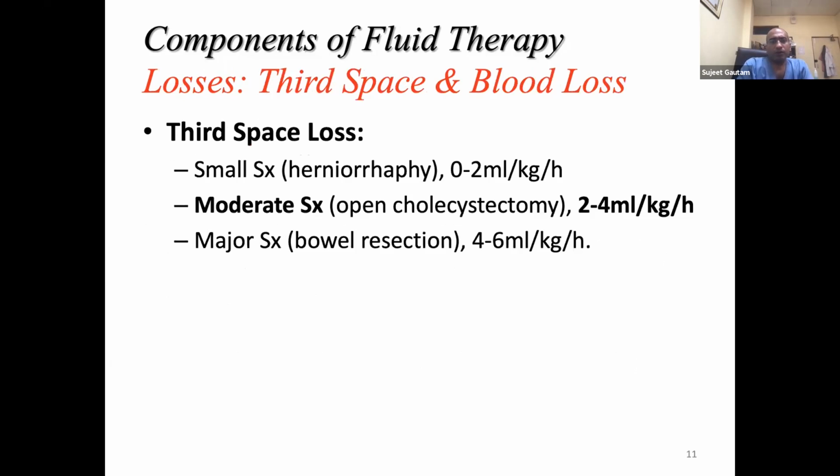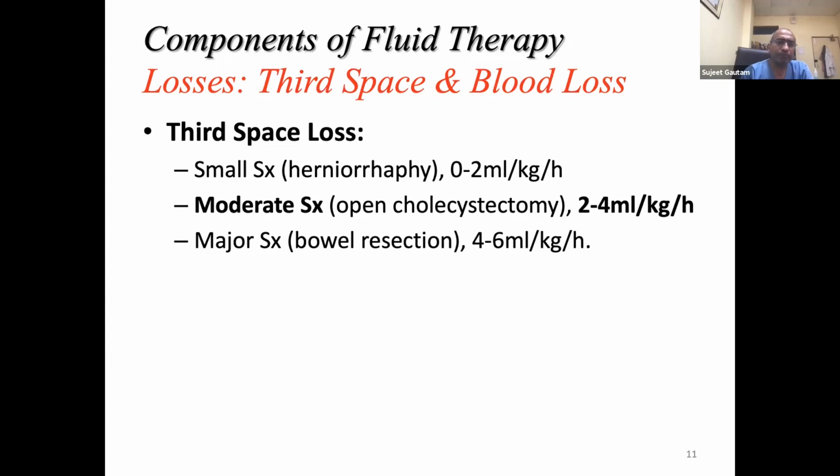Now, coming on to the losses, they can be primarily of two types: the third space and the blood loss. Third space losses are proposed to be based on the invasiveness of the surgery. The more invasive the surgery is, the higher the third space loss is presumed to be.